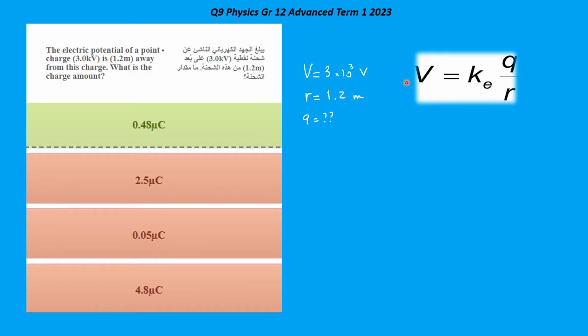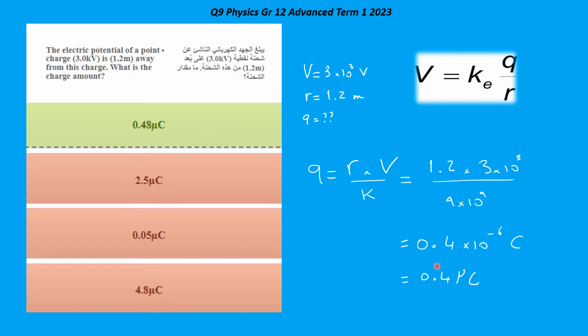The electric potential V equals K, Coulomb's constant, multiplied by Q, the charge, over the distance. We need to arrange the equation because they ask for the charge. So Q equals R multiplied by V over K. We replace, and the answer is around 0.4 microcoulomb.